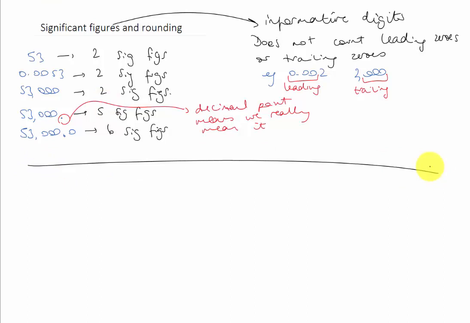Okay, so now rounding. Our general rule, this is what Professor Bullough told you to do, so let's follow his way. If you've got a 5 at the end, round up if it's an odd number behind, or round down if it's an even number behind.